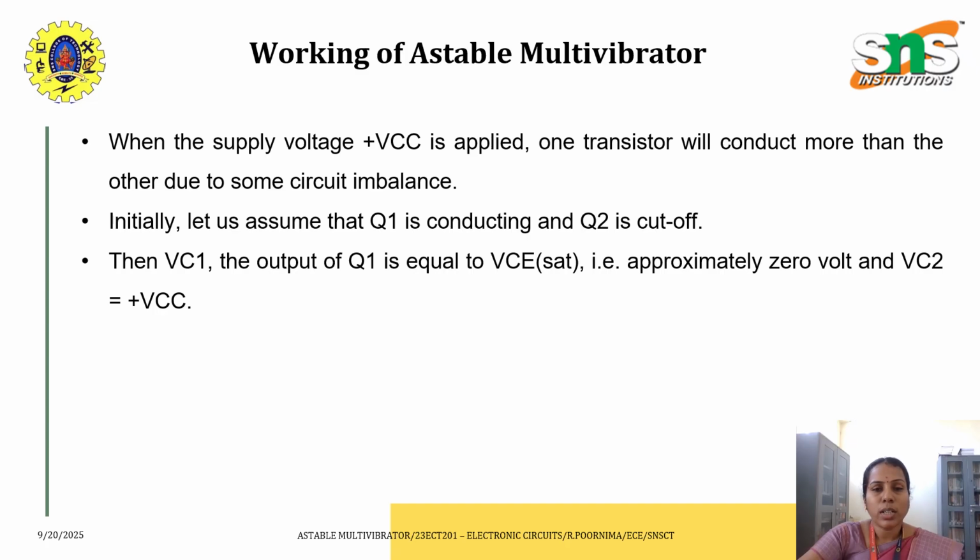How does this happen? Let us assume that Q1 is conducting, that is the first transistor is conducting, and Q2 is cut off. Then VC1, the output of Q1, is equal to VCE saturation, approximately 0 volt, and VC2, the output of the second transistor, is equal to VCC.